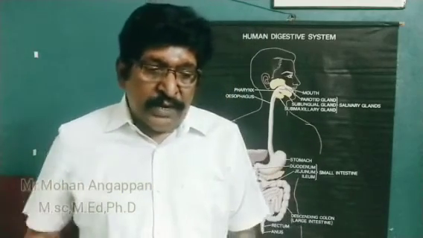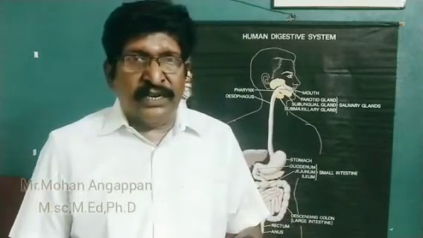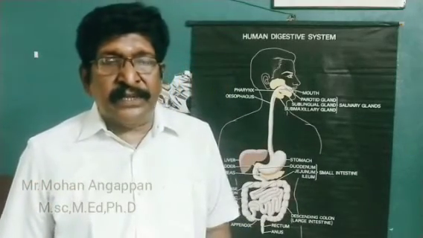Gastrin cells secrete gastrin hormone. These cells are present in the pyloric region of the stomach. So these 2 are endocrine glands present in the stomach. These 5 things you must remember, because there is always a question in this area, the cells present in the stomach.